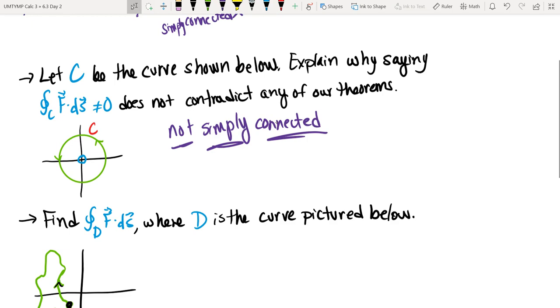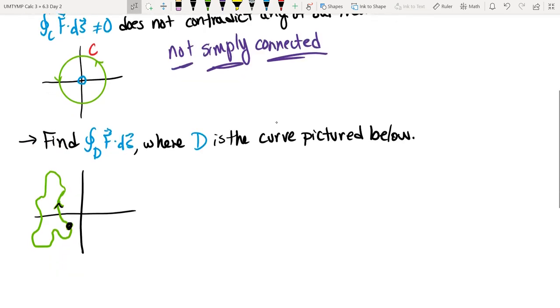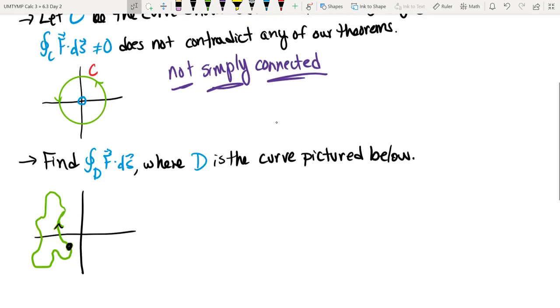Okay, now for the last question, where we actually get to do something. We want to find the circulation where D is the curve pictured below. Okay, so here's what we're going to do. We need to find a space that is open and simply connected to be able to say something.